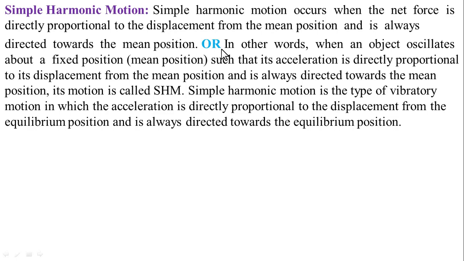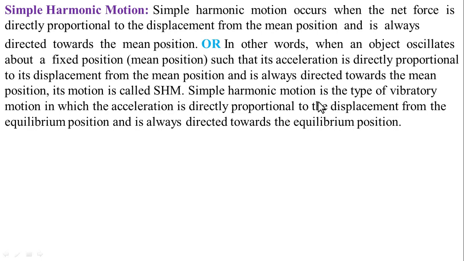Also, we can define it in other words: when an object oscillates about a fixed position, the mean position, such that the force is directly proportional to its displacement from the mean position and always directed toward the mean position, its motion is called simple harmonic motion, denoted by SHM.